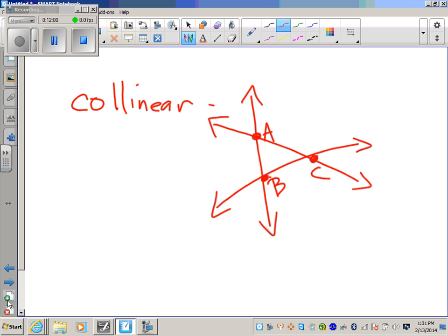A plane, getting down to like 3-dimensional stuff. A flat surface with no thickness that extends without end in all directions on the surface. Okay. Plane is kind of like your canvas. A plane is kind of like your piece of paper that you would use. Intersecting lines would be lines that intersect, or using a different word, you can't define a word with the word.